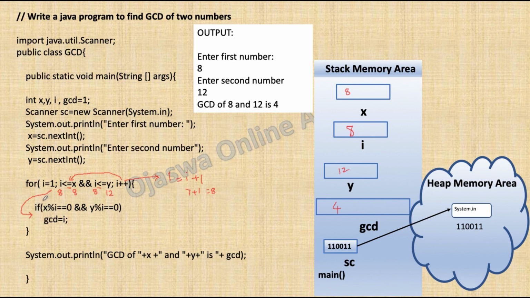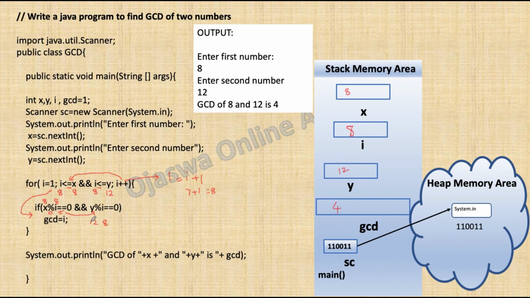Now value of x is 8 and value of i is 8. When you divide 8 by 8, the remainder is 0. Hence the first condition is true. As the first condition is true, the next condition will be evaluated. Value of y is 12 and value of i is 8. 12 is not completely divided by 8.